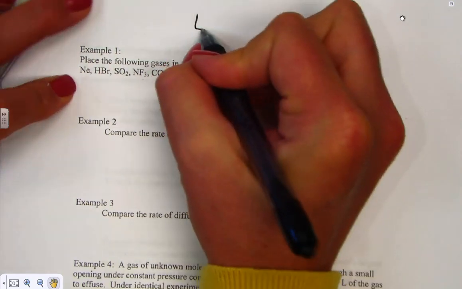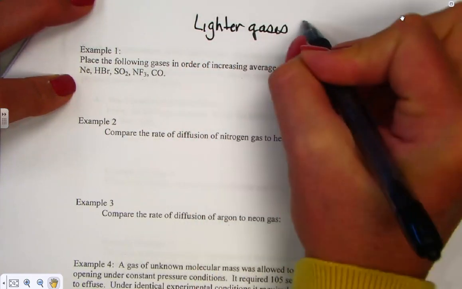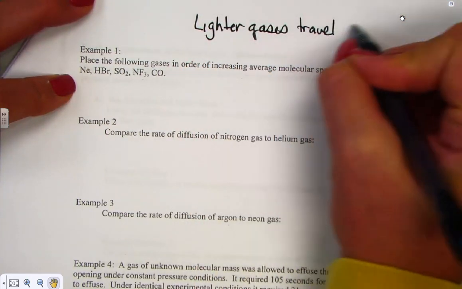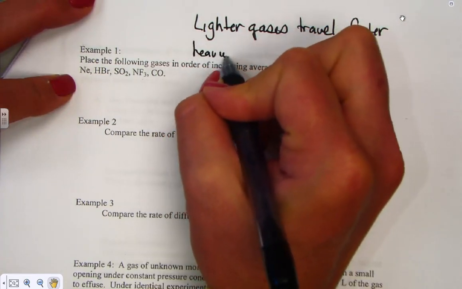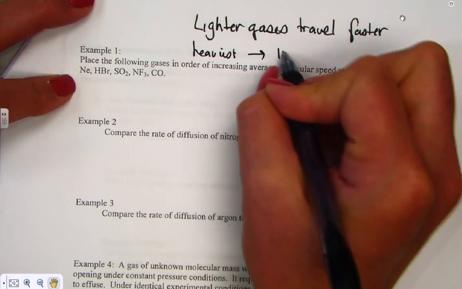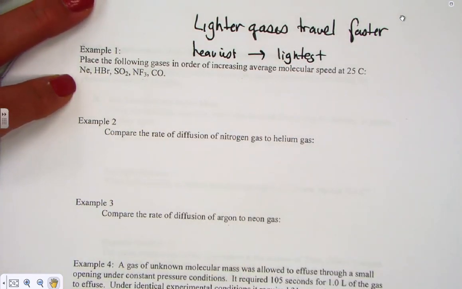Lighter gases travel faster. And so with that note, we're going to go from heaviest to the lightest. Heaviest to lightest would show us the increasing average molecular energy.